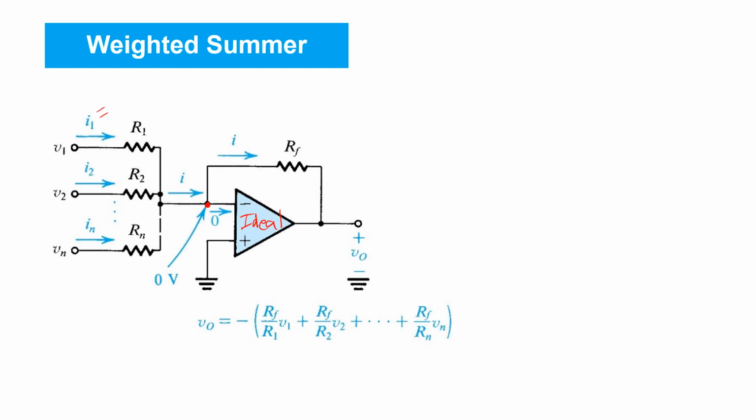I1 is simply the voltage across resistor R1, which is V1, divided by R1. I2 is V2 over R2, and so on.